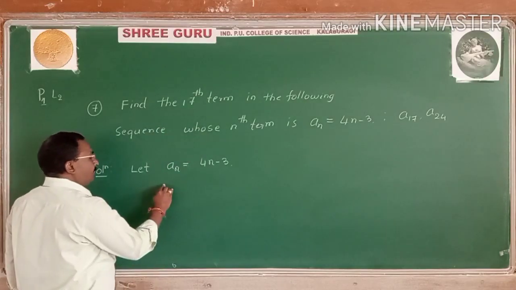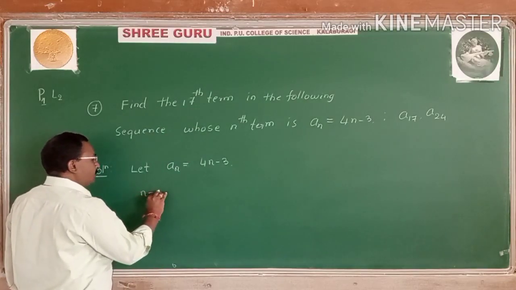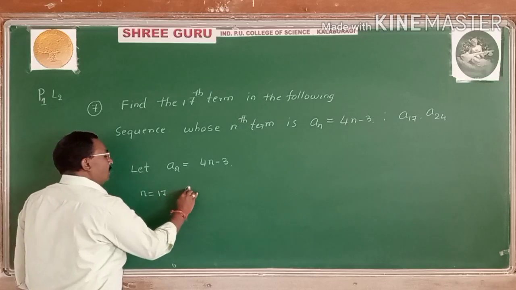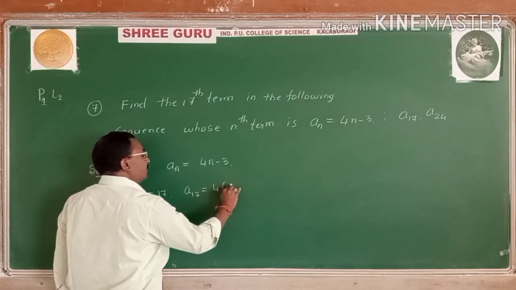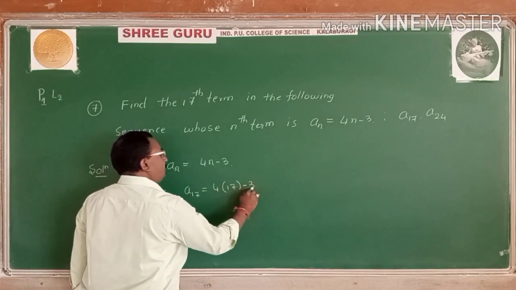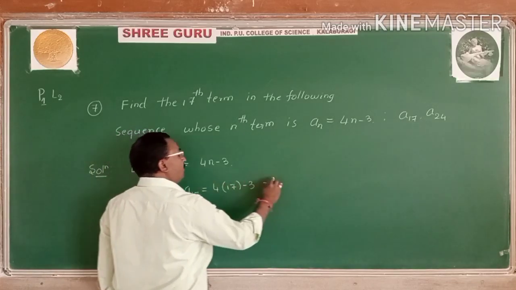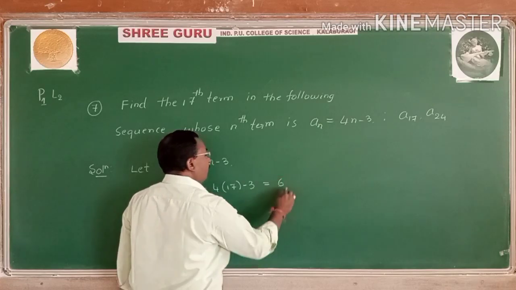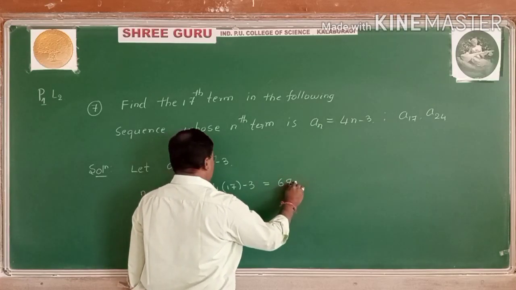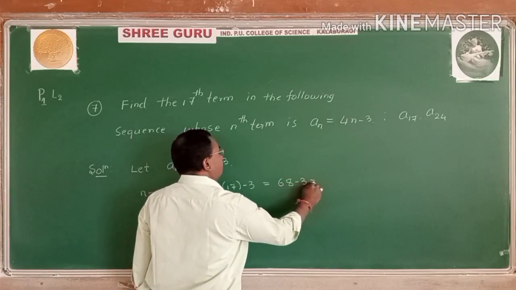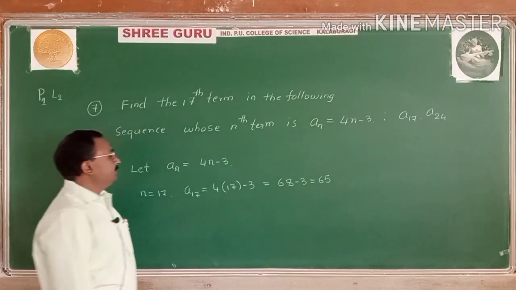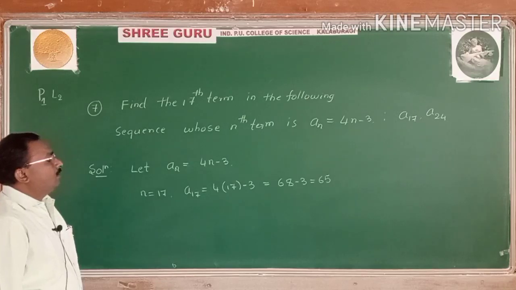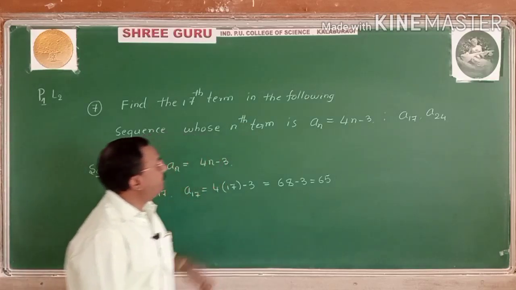Find the 17th term: replace n with 17. a17 is equal to 4 into 17 minus 3. 17 fours are 68, 68 minus 3 is equal to 65.